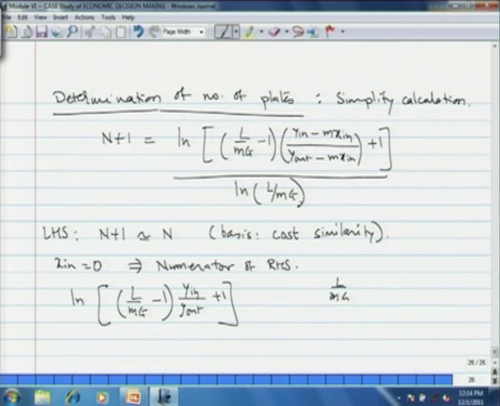From thumb rule we have said L by mg equal to 1.4, and for 99% recovery or even higher, we have said that y in by y out will be 100 or even more. Now, if you put these numbers here, then what you get is ln of 0.4 into 100 plus 1, which is ln 41.